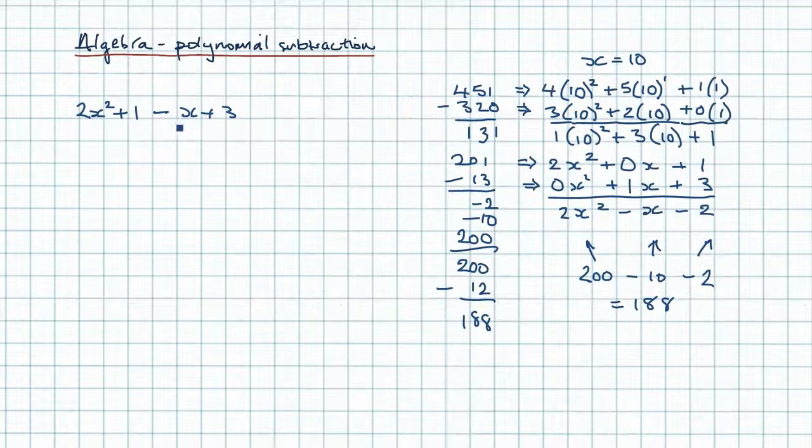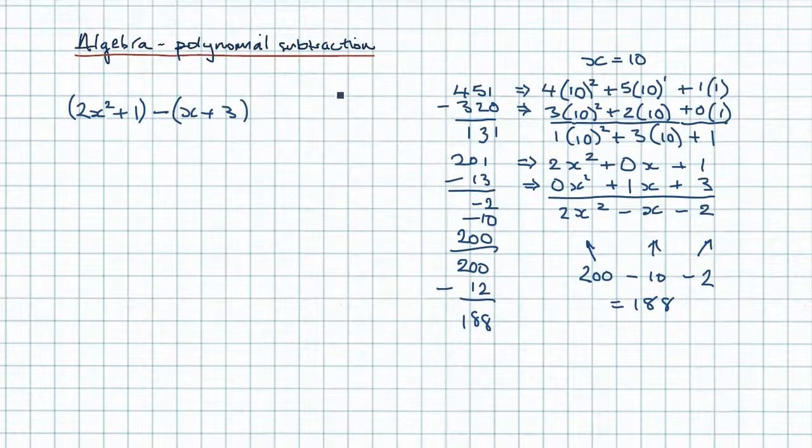The problem we've got here is that we're subtracting the x, but we haven't subtracted the 3. So the mistake that people very commonly make when they've got a subtraction of two binomials here is they're subtracting the first term but not the second. Now I'll show you what I mean by putting the parentheses in.